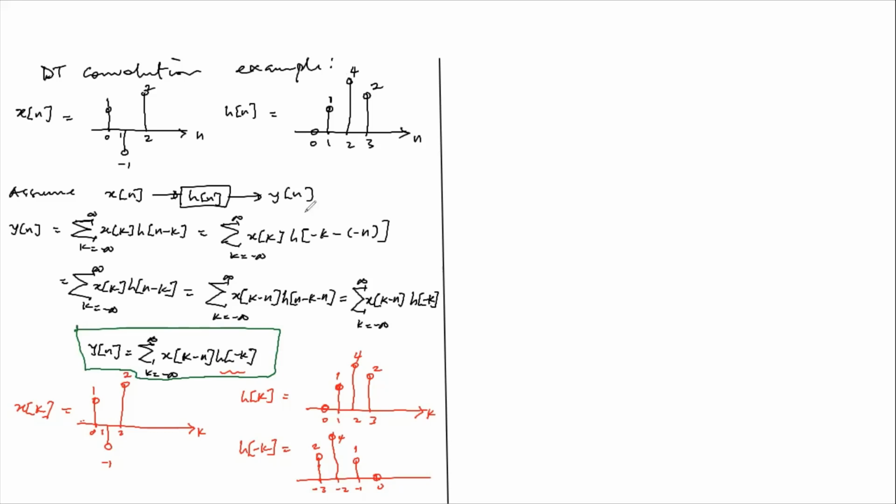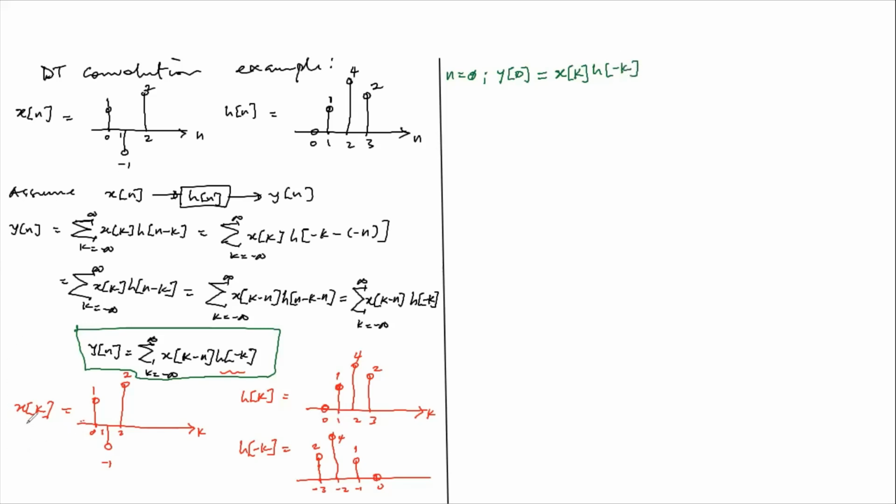So at n equal to 0, for instance, this expression will become y of 0. So when n is replaced by 0, that will be the same as x of k times h of minus k.